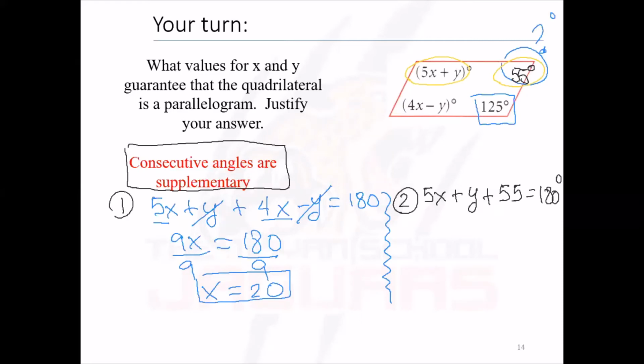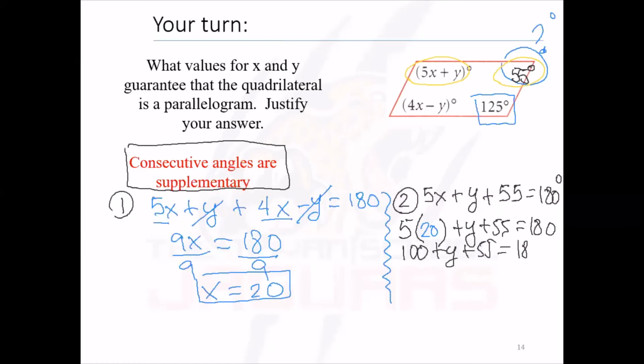I know that the value of x, because I found it in the first equation, is 20, so I replace it by 20, and let me continue. 5 times 20 plus y plus 55 equals 180. 5 times 20 will be 100 plus y plus 55 equals 180.